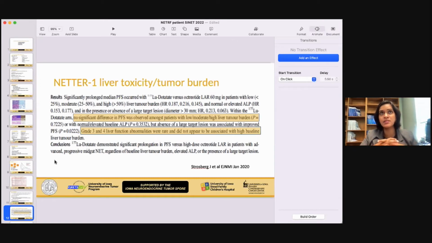Out of an abundance of caution and based on anecdotal experience, a lot of us are much more careful. In practice, we are going a little bit away from radioactive embolization in patients who we are considering for PRRT in the future, or being conscious about how much they got before or the interval before they get another type of treatment, just from many of these unknown factors with respect to liver toxicity.